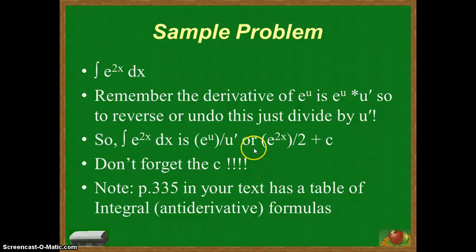We're letting u be 2x here, so it's e to the 2x divided by 2 plus c. Check it. Take the derivative of e to the 2x over 2 plus c and see if you don't end up with just e to the 2x. Don't forget the c. If we're talking about an indefinite integral, there always has to be a constant of integration.